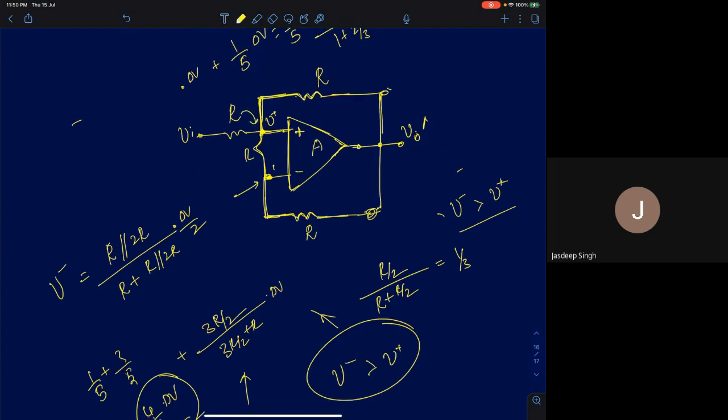But at the positive terminal, you are loading that node with a resistor R to ground. So whatever transfer functions I derive to both the terminals, because of this extra resistor loading the positive terminal, you are going to get a slightly lesser gain compared to the negative terminal. Using that, you can intuitively say that negative feedback will dominate this node.